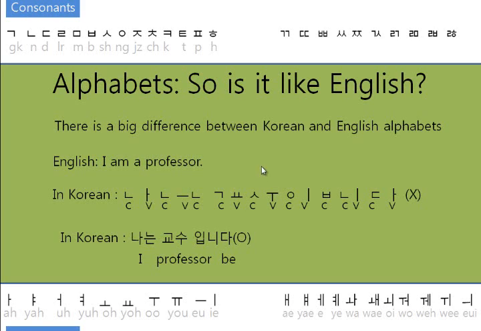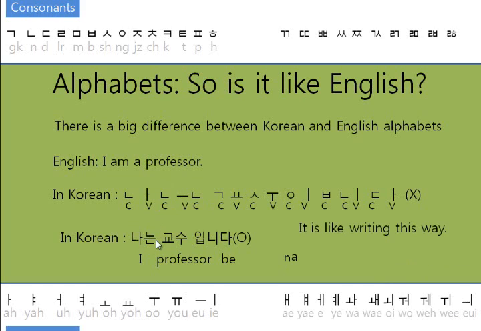So instead of N sound here and A sound there, we make a na, and N sound and U sound and N sound, instead of this, we have this nun. Which is just like writing English this way.